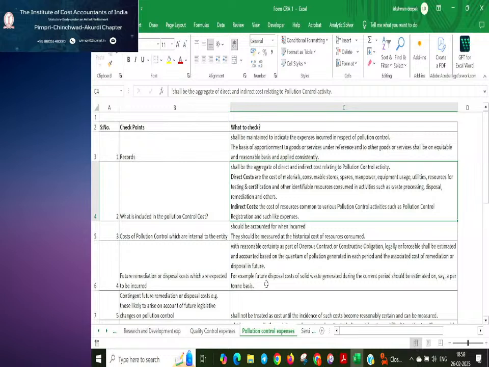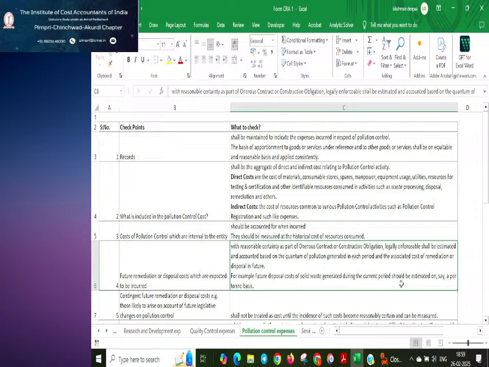For example, future disposal cost of solid waste generated during the current period should be estimated on, say, per ton basis. So they are telling you can just make an estimation that this much could be the cost, based on what? On the waste that is produced. If it is a solid waste, you say per ton. If you say it is a liquid waste, you say in liters.